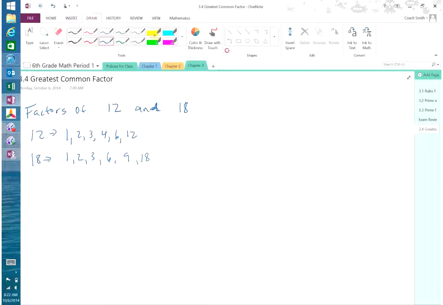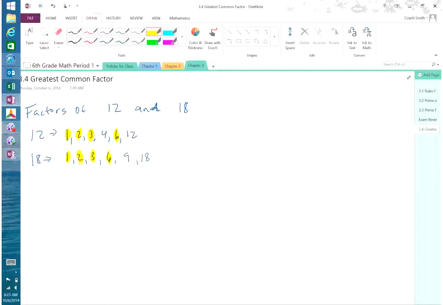Okay? So as we look at the two sets of factors, the 1 is in common, the 2 is in common, the 3 is in common, the 6 is in common. So 1, 2, 3, and 6 are in common with the two numbers. Okay?